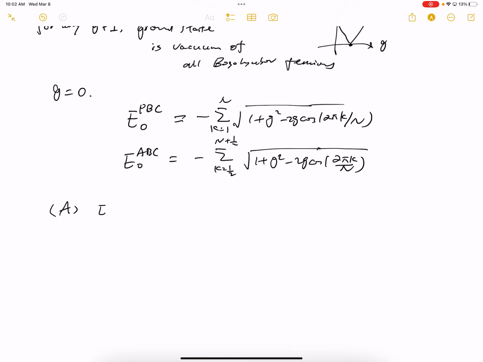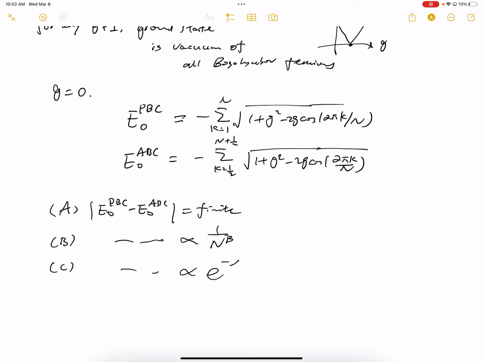The first is that the energy difference between these is going to be some finite value. The second is that this energy difference is going to decay as some power law in n. And the third is that this is going to decay as some exponential function in n.